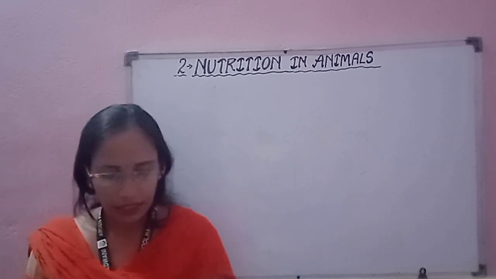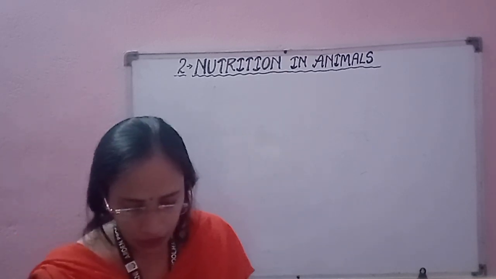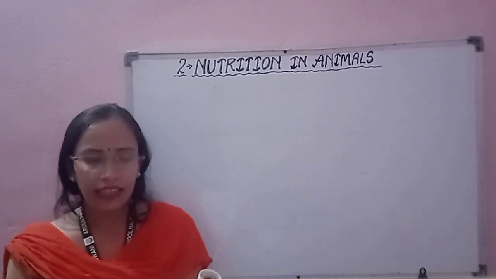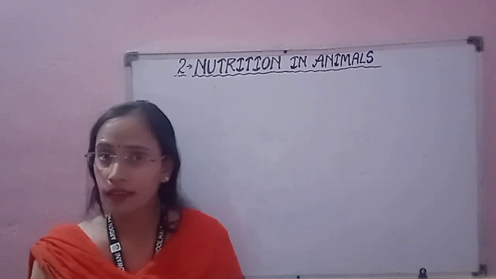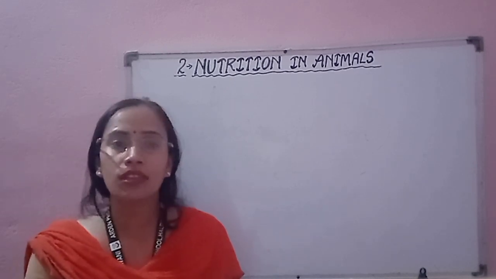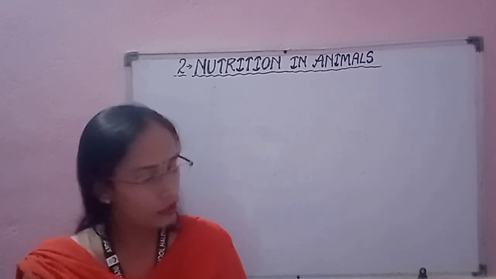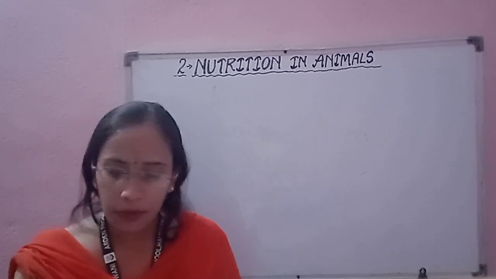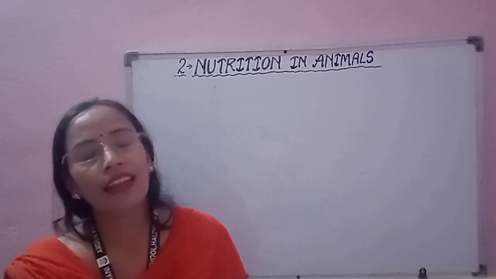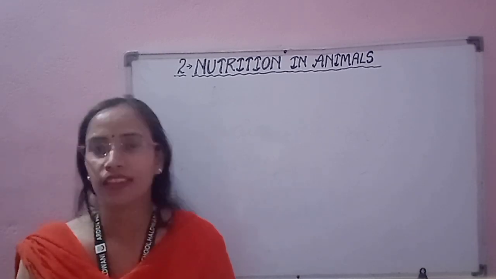Now the second one: water from the undigested food is absorbed mainly in the... Is it in stomach? No. In food pipe? No. Small intestine? No. The last one is the large intestine. It is the correct answer.